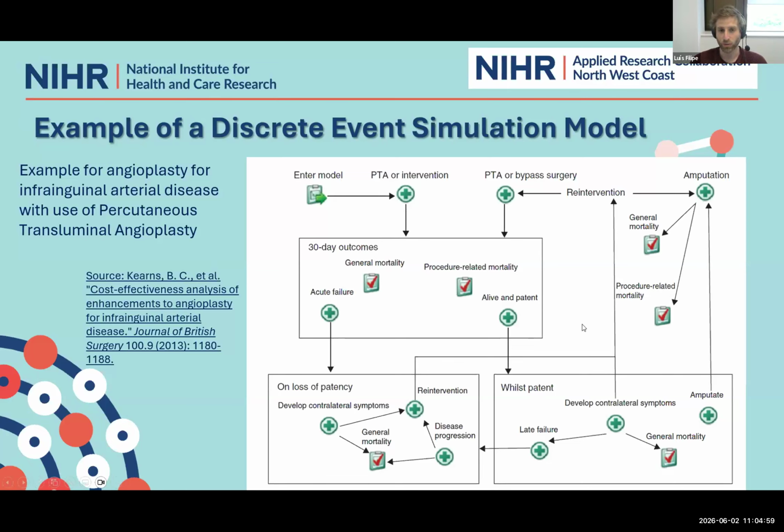And then they go into the 30 days outcome, which can be, well, general mortality or procedure-related mortality, or they can have an acute failure, or they can be alive and patent. So you can see that this story is already a lot more complex than in a Markov model.